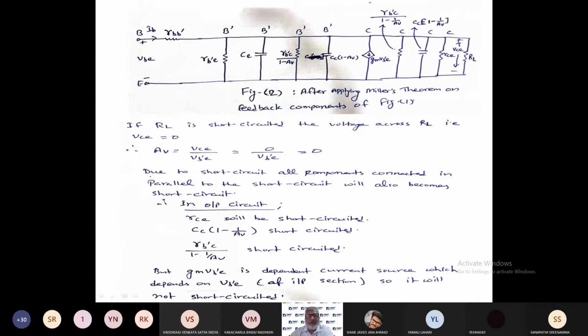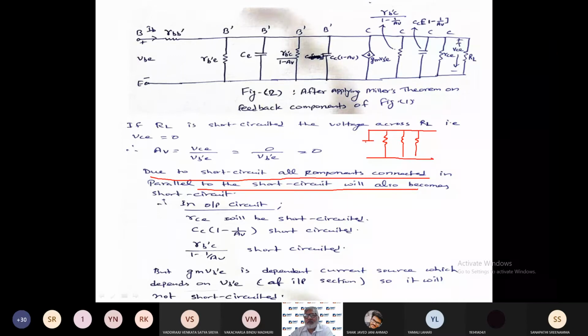Now another thing, due to short circuit, all the components connected in parallel to a short circuit will also become short circuit. Because if you think, you just see, if you are having this one resistor, this second resistor, this some third resistor, and here you have connected some voltage source like this.